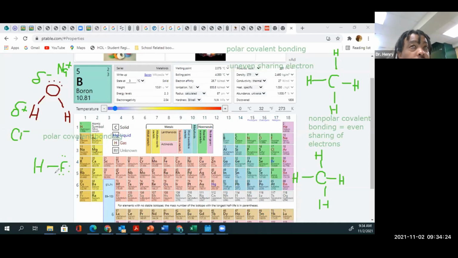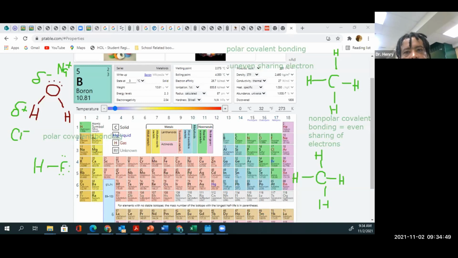Now, fluorine is a bully. Fluorine is very, very strong. Like we were talking about how oxygen is the bigger brother, fluorine is the big brother that is a bully all the time. So it wants to get the electrons towards it the majority of the time, and only a little bit of time with the hydrogen.